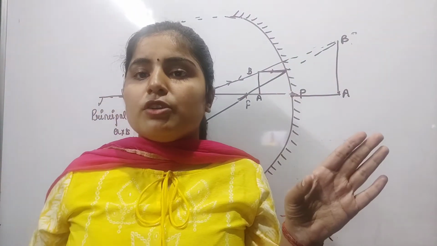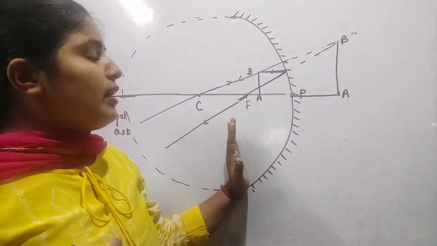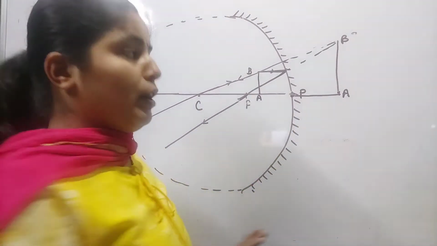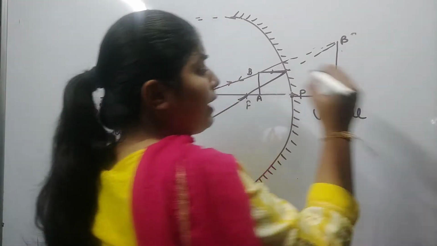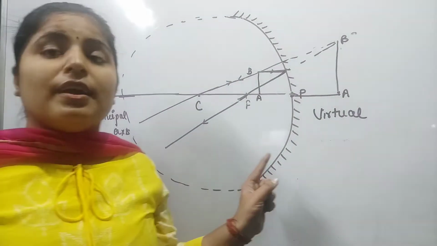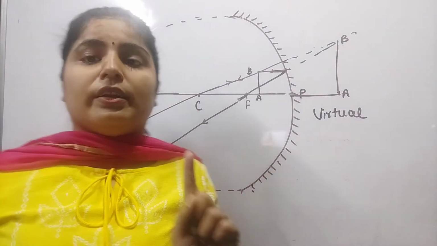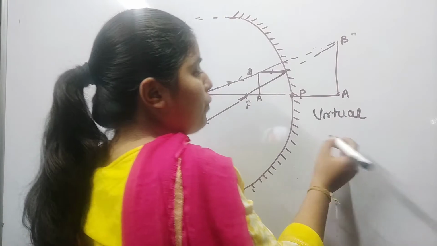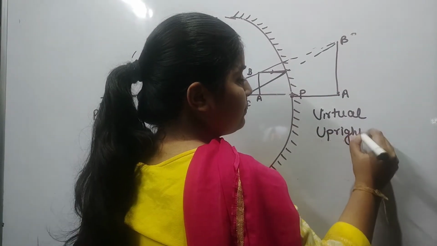So the actual intersection does not take place. So we can say that the image formed is virtual. And you should remember that this is the only case in which the image formed by the concave mirror is virtual in nature.